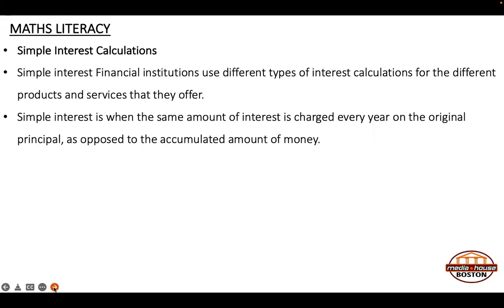The banks charge you an interest rate, but their interest rate also comes from the SARB, the South African Reserve Bank, so it's linked to what the SARB says. Simple interest is when the same amount of interest is charged every year on the original principal as well as the accumulated amount of money.